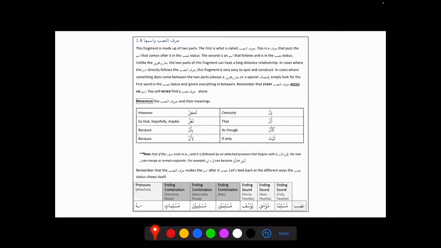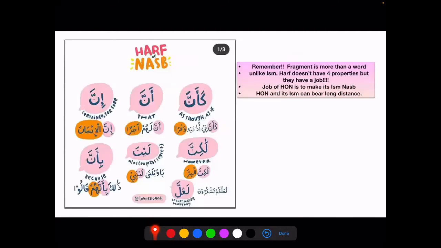And then we know that attached pronouns, all these: hu, huma, hum, ha, huma, hunna, right? All these attached pronouns could be nasab and jar, right? So this is how we can look at nasab in different ways. Now all these words, let's say them again.